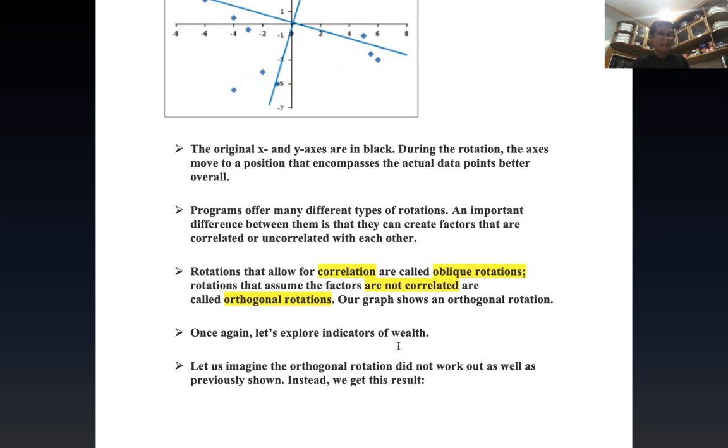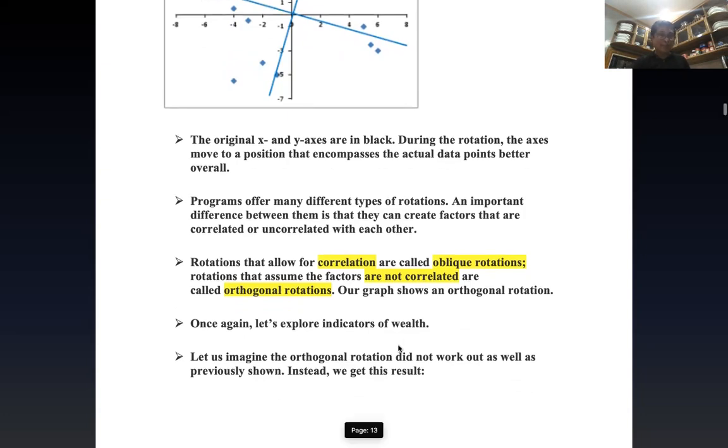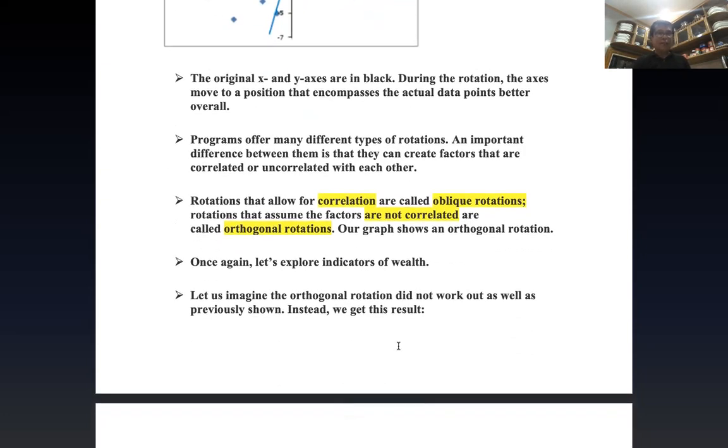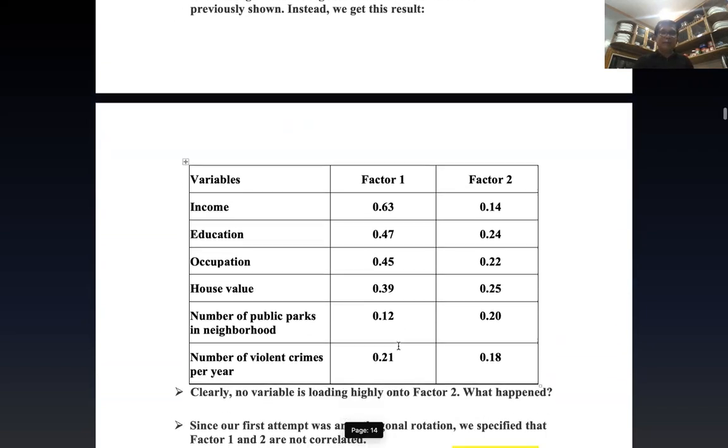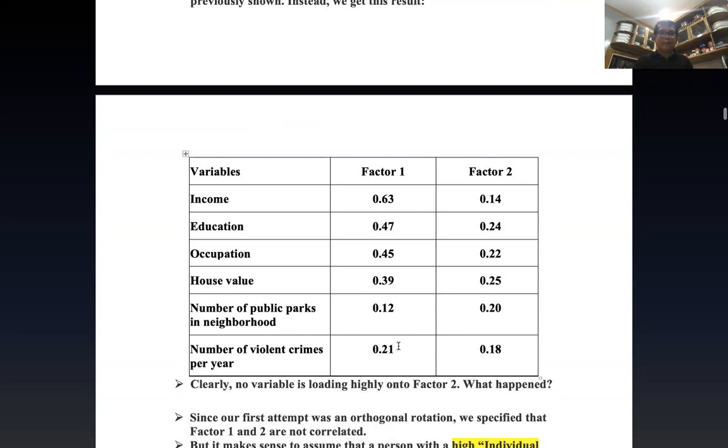Once again, let's explore indicators of wealth. Let us imagine the orthogonal rotation did not work out as well as previously shown. Instead, we get this result. Variables: income, education, occupation, house value, number of public parks in neighborhood, number of violent crimes.